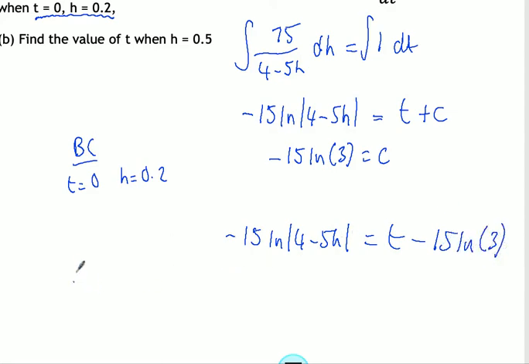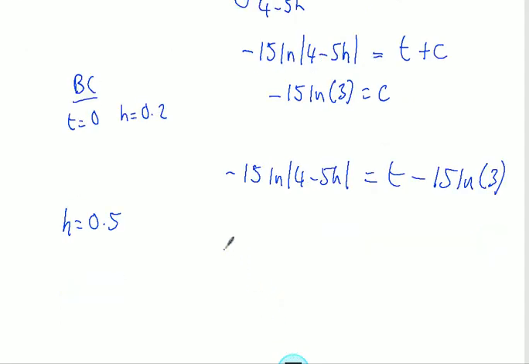And then we want to find out the value of t when h is 0.5, so let's substitute in h is 0.5. Okay, so when h is 0.5 we get, that's 2.5, so that's going to be 3/2.